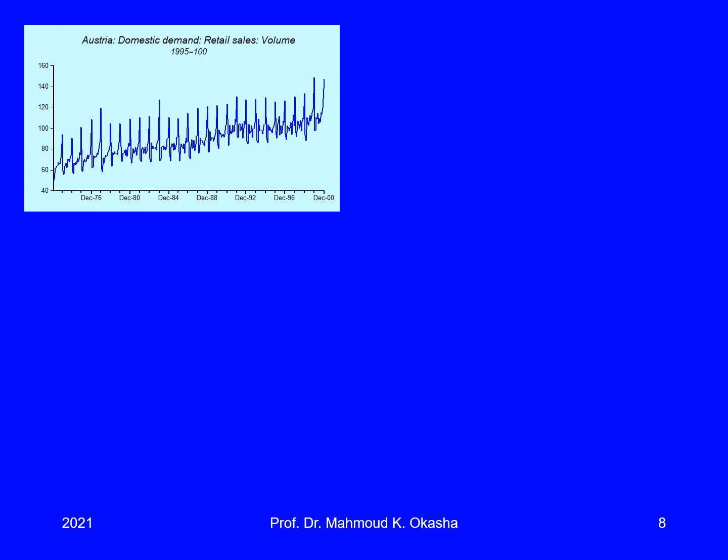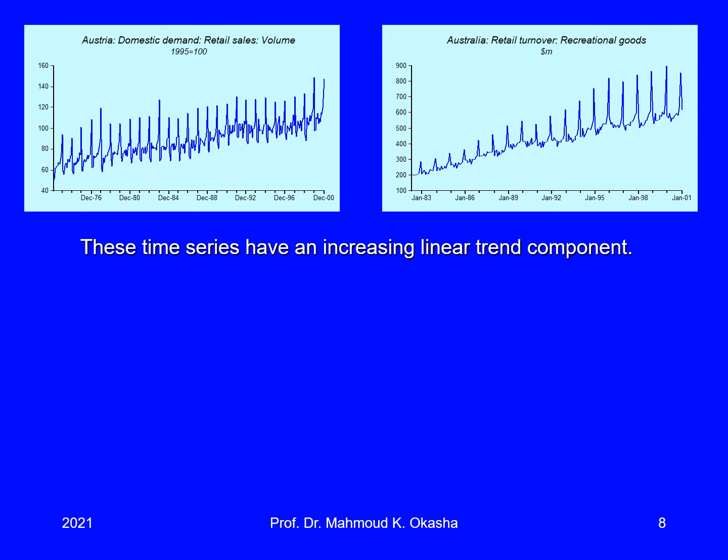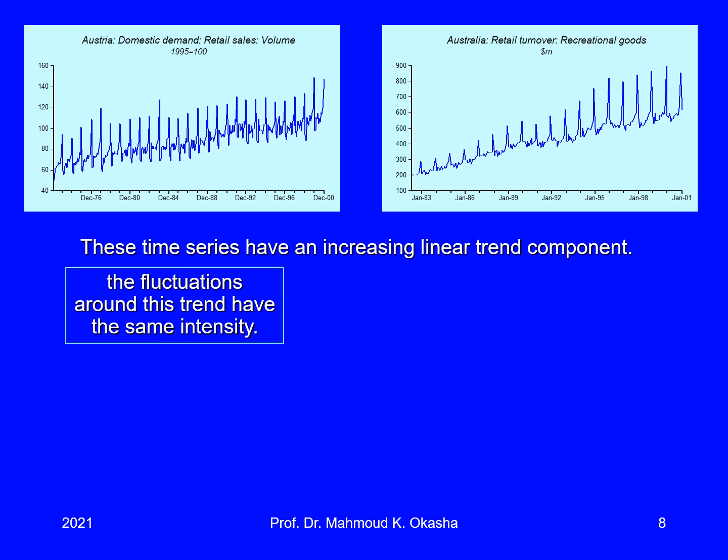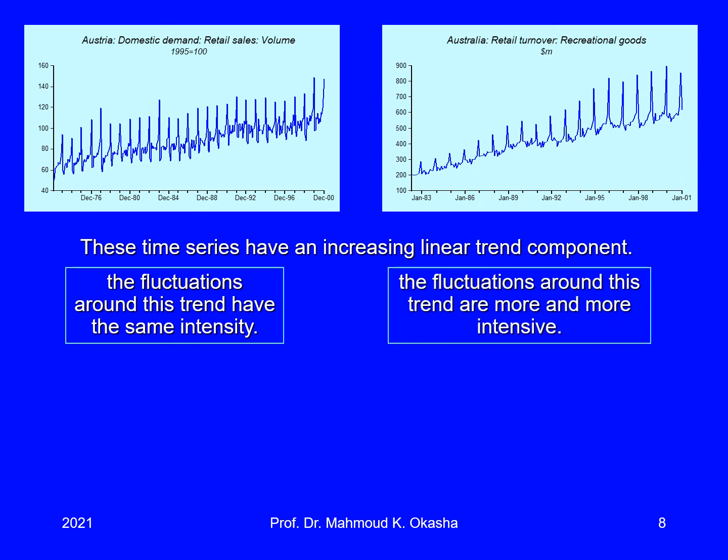So in this time series, which contains an increasing linear trend component, the fluctuations around this trend have the same intensity, while the fluctuations around this trend are more and more intensive, very intensive fluctuations here.